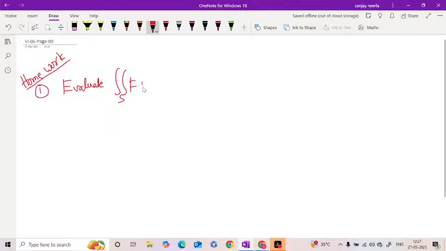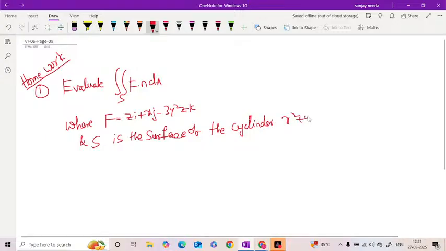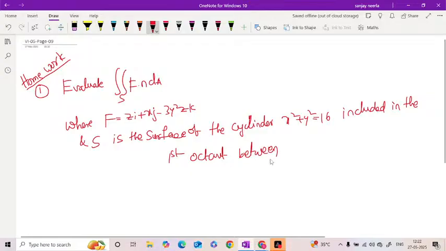I will give the homework problem, then I will stop. Now where f is zi plus xj minus 3y square zk, and here S is the surface of the cylinder x square plus y square is equal to 16, included in the first octant between z is equal to 0 and z is equal to 5.